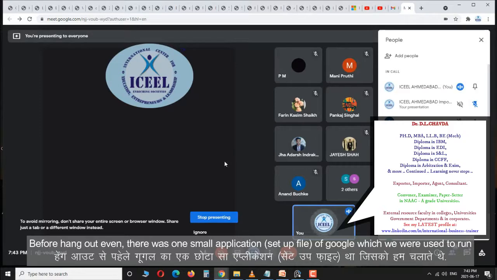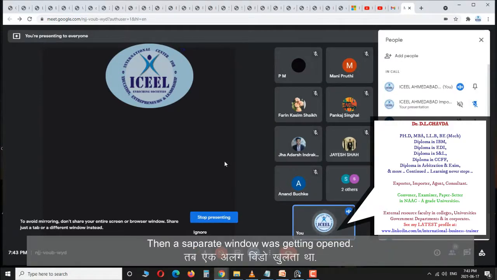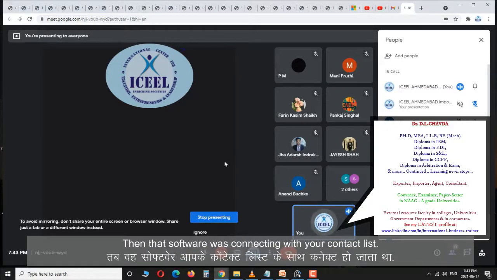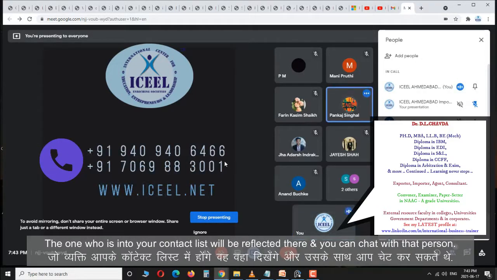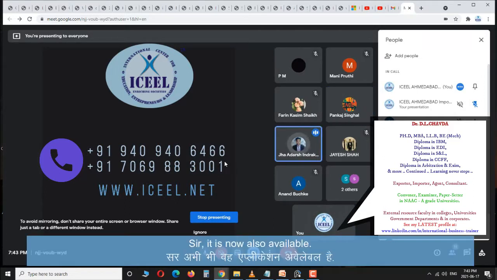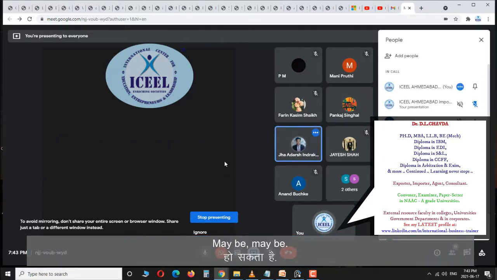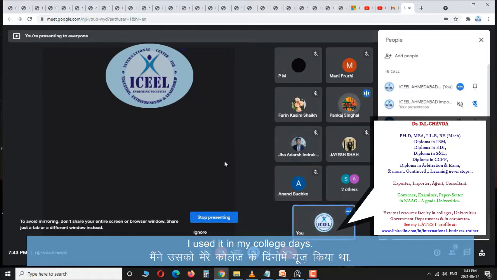We used to run that setup file, a separate window would open, and that software connected itself with your contact list. Anybody in your contact list would be reflected there, and you could chat with that person. This kind of application was there, and it is maybe still available. Those were my college days.